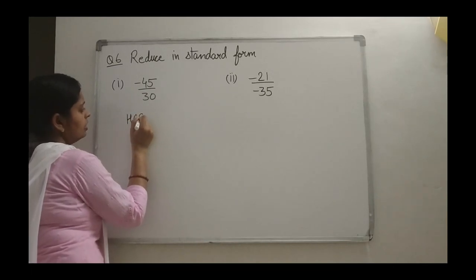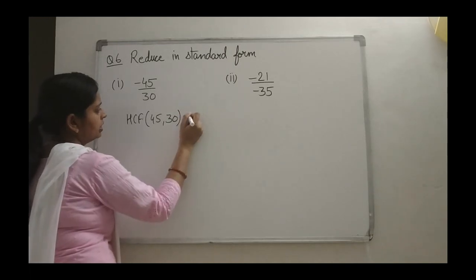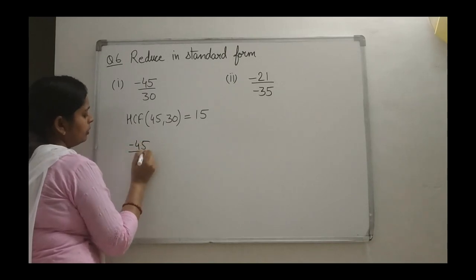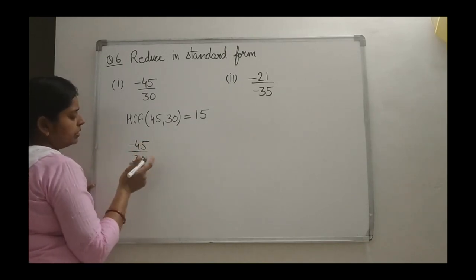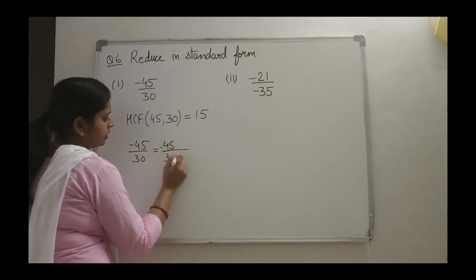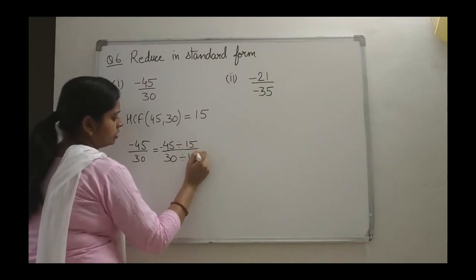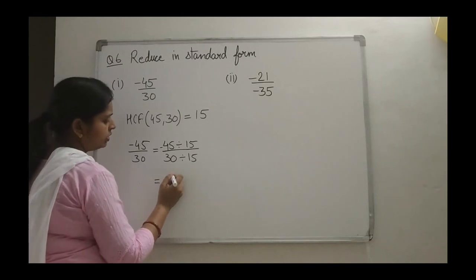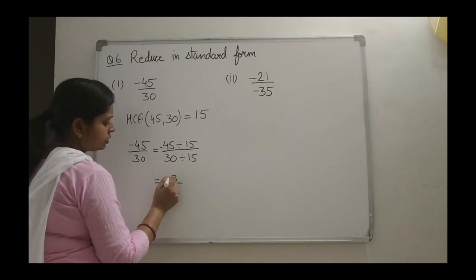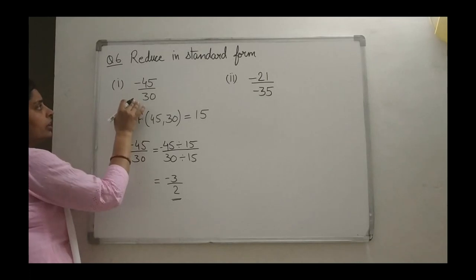Here, the HCF of 45 and 30 you can calculate, but this is 15. Right? So what do we have to do? Minus 45 upon 30 is there. The denominator is already positive, so directly we will divide by the HCF. Both will be divided by which number? By the HCF, that is 15. So 45 divided by 15 will give you 3 and 30 divided by 15 will give you 2. But here is the negative sign, so your answer will be minus 3 upon 2. This is the standard form for the given rational number.